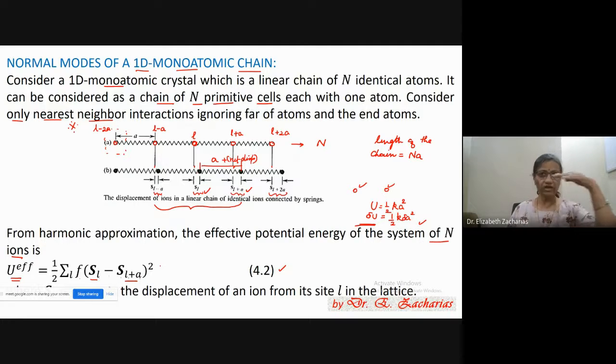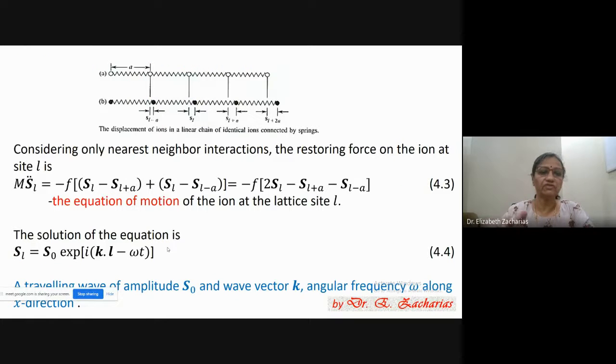Now, if I want it for the entire chain of N atoms, what should I do? I need to do a summation for each adjacent pair like this. Is this clear? Yes, ma'am. Right. So now that's why that summation has come.